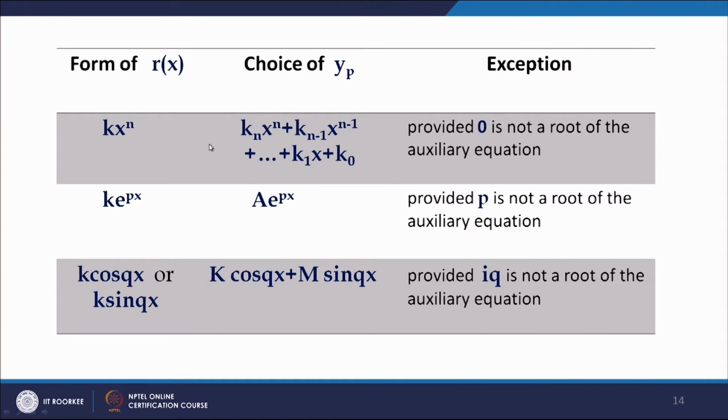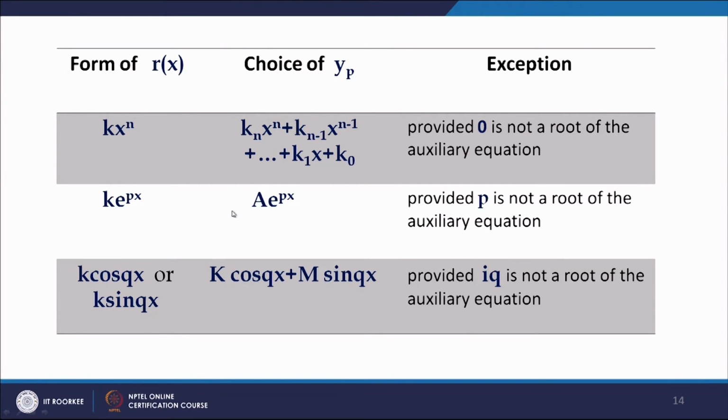Then we shall make the choice of yp(x) to be a polynomial in x of degree n, that is k_n x to the power n plus k_(n-1) x to the power n minus 1 and so on, k_1 x plus k_0. This will be the choice of yp(x) provided 0 is not a root of the auxiliary equation. If 0 is a root of the auxiliary equation, what we have to do we shall see next.